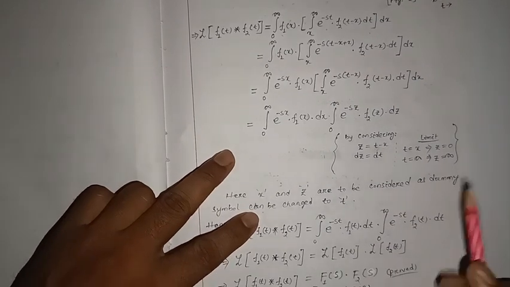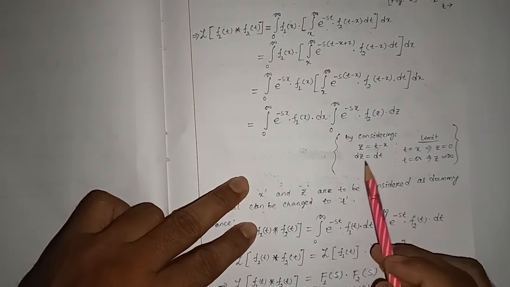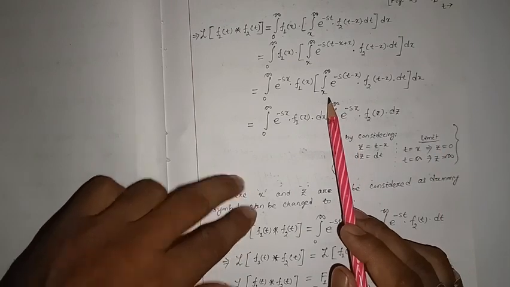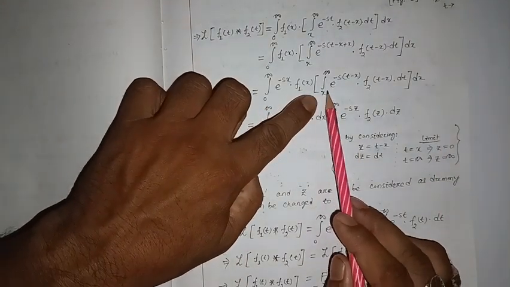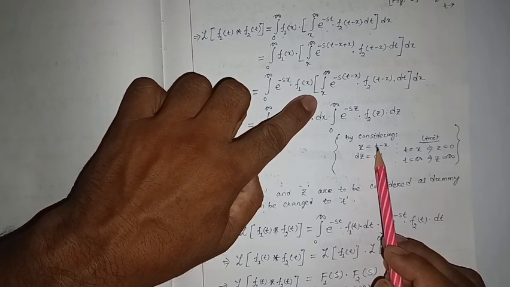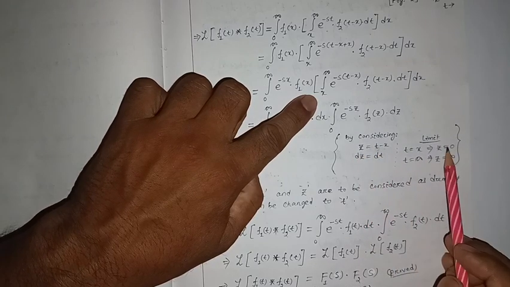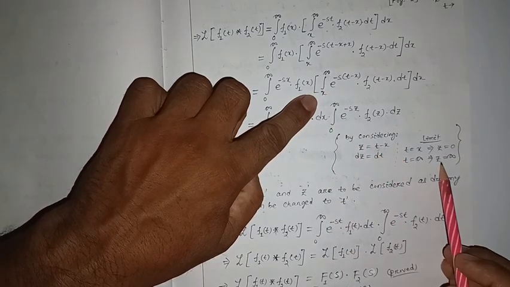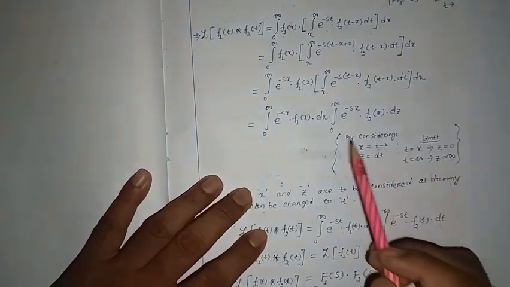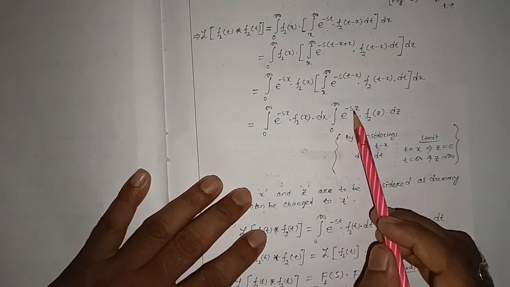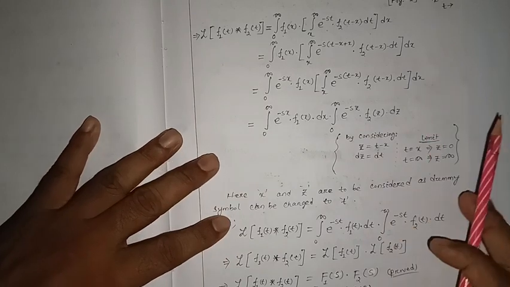How? Here we consider z equal to t minus x. So dz will be equal to dt. If we consider the limit for t, when t equal to x, obviously if I put x, z will be equal to 0. If t will be infinite, z also will be infinite. So the limit changes from 0 to infinity e to the power minus sz into f2(z) dz.